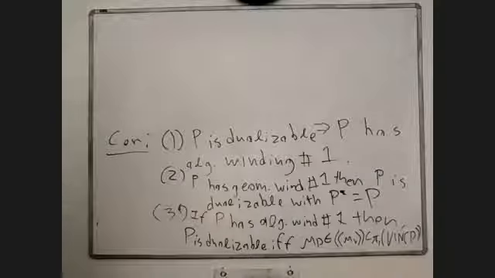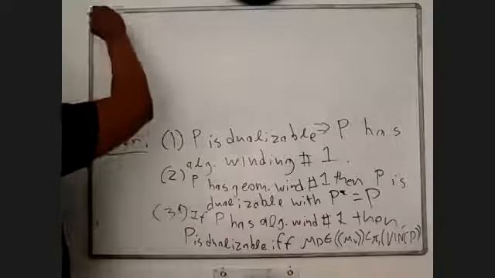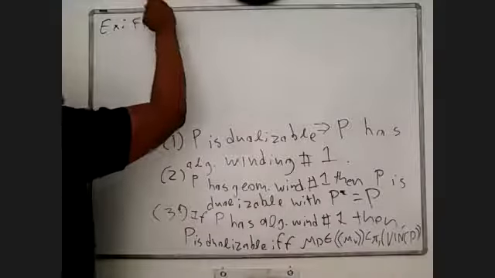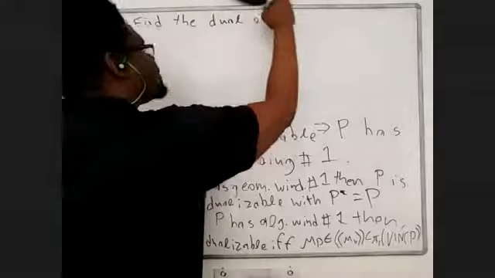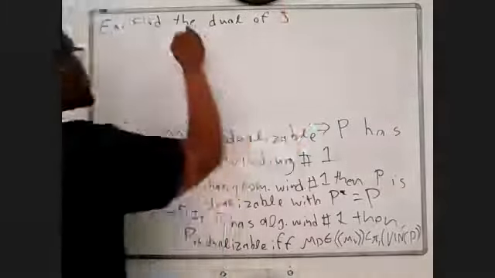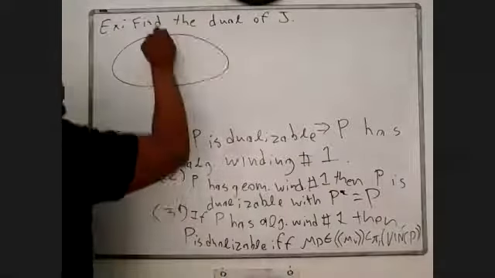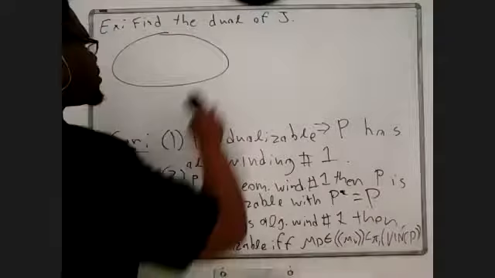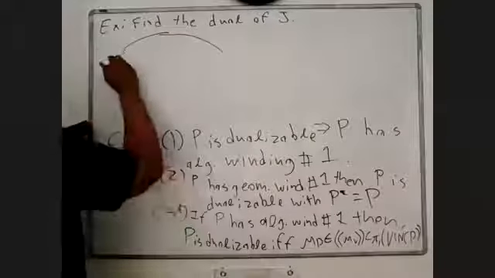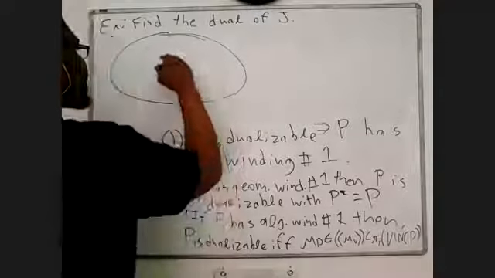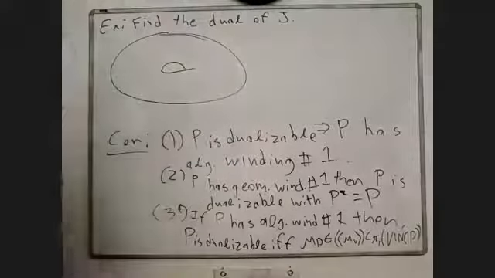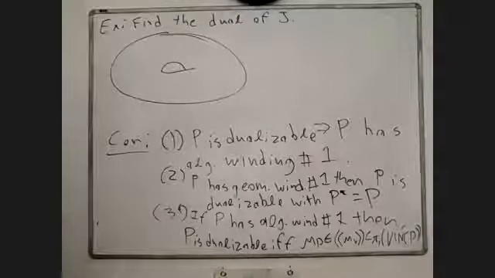All right. We're going to find the dual of J. And J is going to look like this.